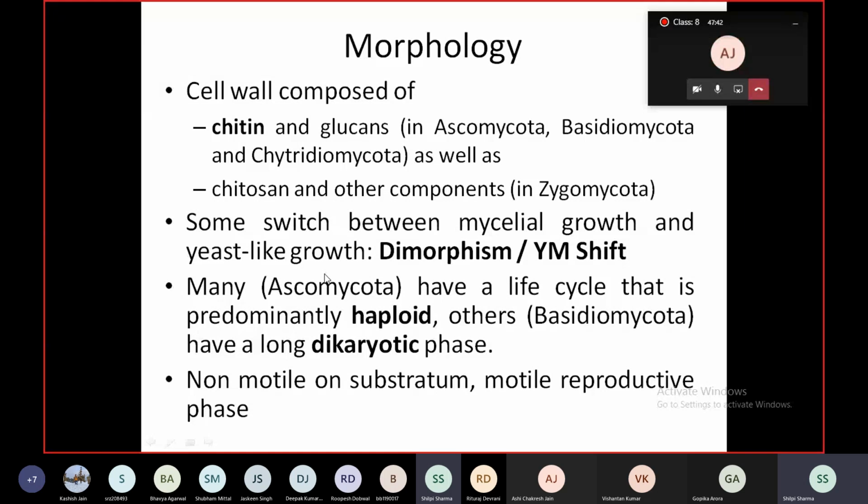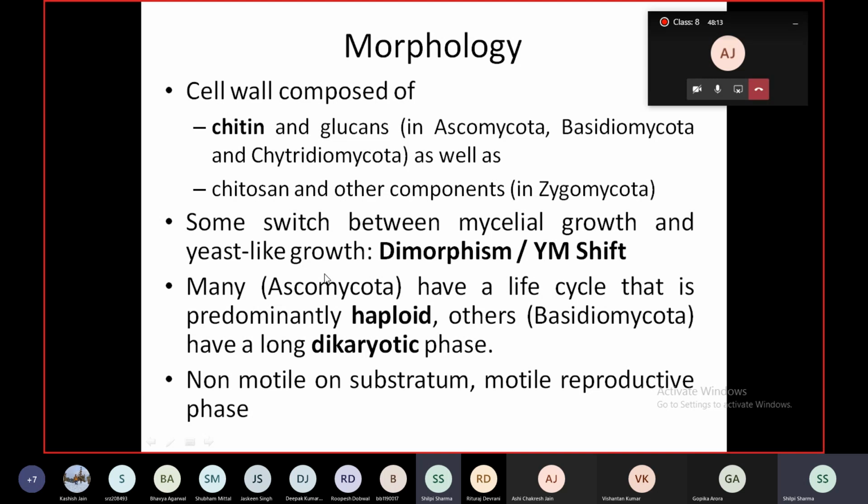Now here there are a couple of terminologies which are unique to fungi, please note them. Some fungi exhibit dimorphism, that is the occurrence of two growth forms. Now, yeast is actually a general term used to describe any fungus that reproduces asexually by budding or fission and which has a single cell state. So, yeast does not refer to a particular fungal strain or isolate, but it is a general term.